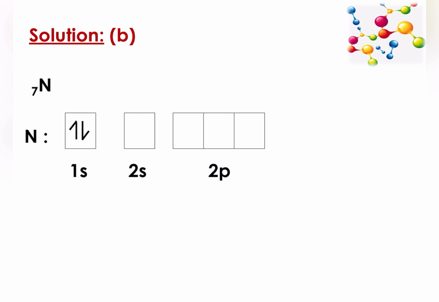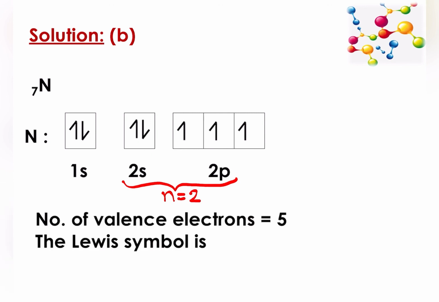And then we take the next example, we have nitrogen. So nitrogen, the electronic configuration with 7 electrons, you will have 1s2, 2s2, 2p3, and each of them in each room of the 2p orbitals. And what we see here, the highest n value is n equals 2. And then if you want to determine the number of valence electrons, it's going to be 5.